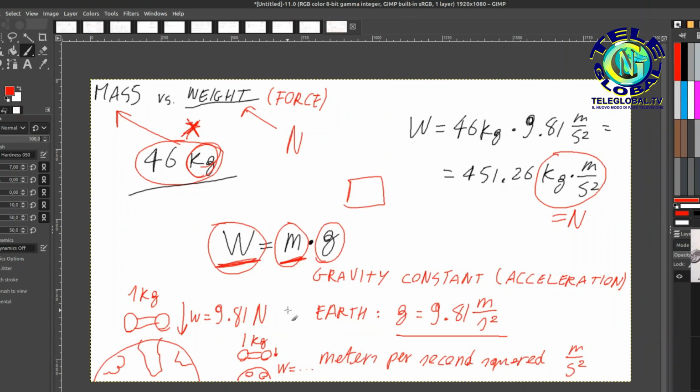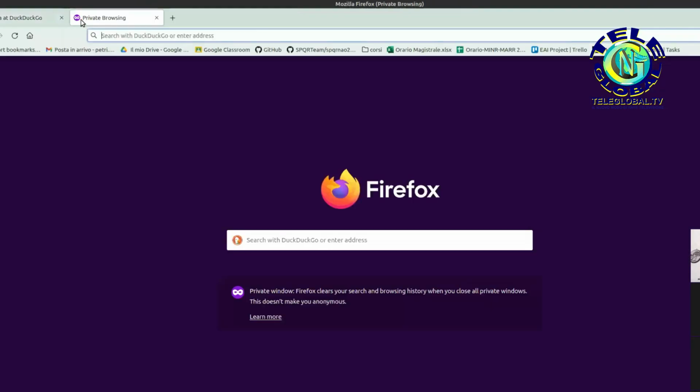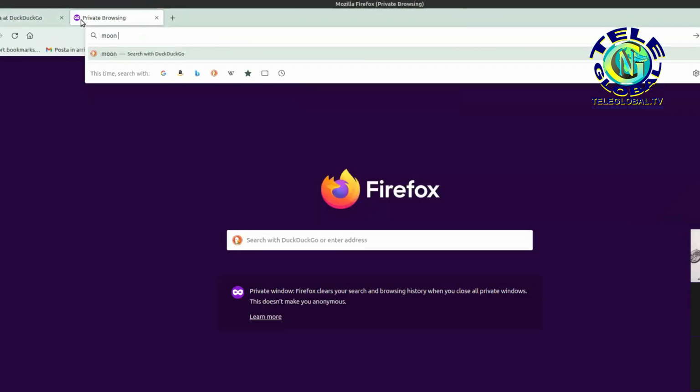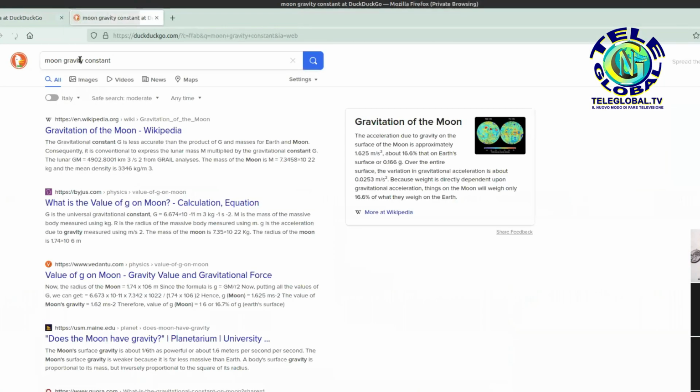What's the gravity constant on the moon? We'll have to look for it. It should be lower, yeah? Yeah, it's much lower.